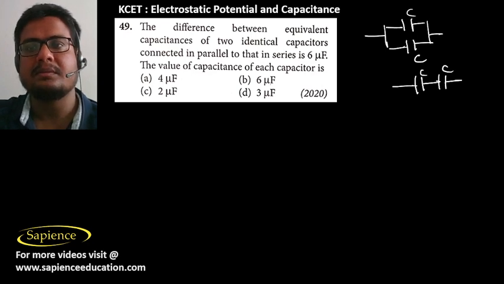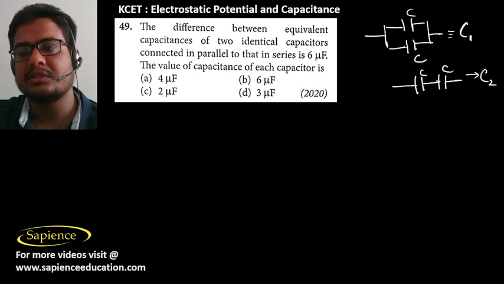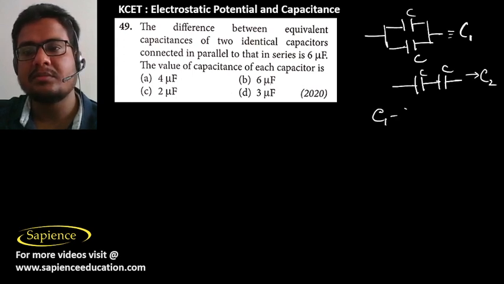Let's say here the equivalent capacitance is C1, and in case of series connection, their equivalent capacitance is C2. Then C1 minus C2 is given as 6 microfarad.